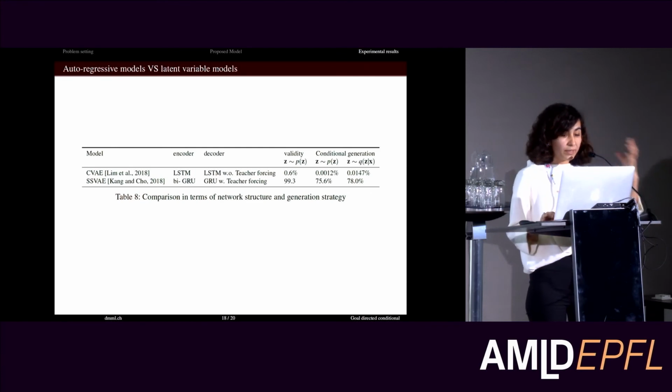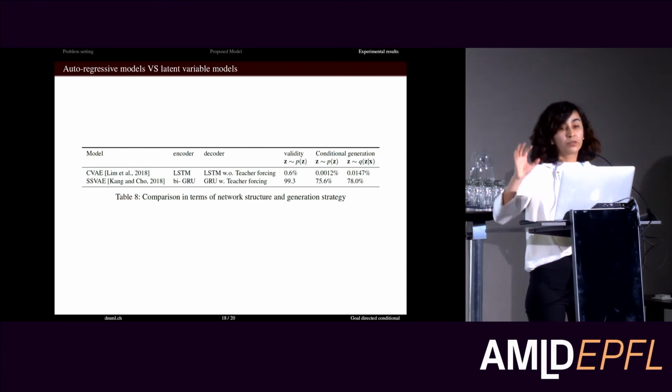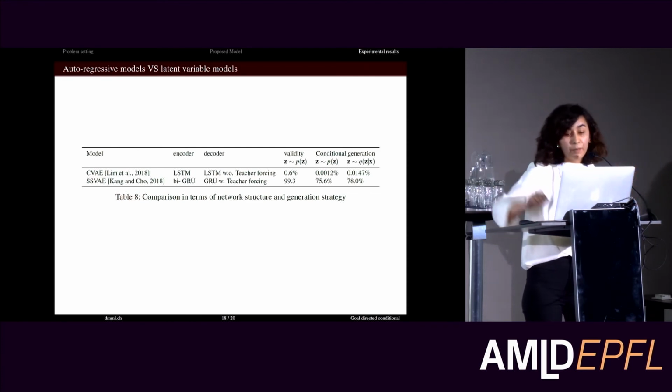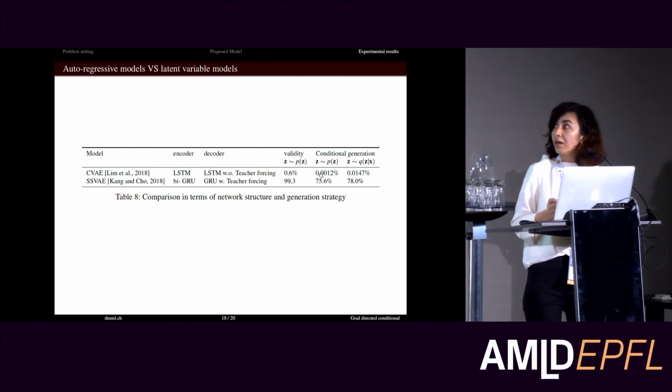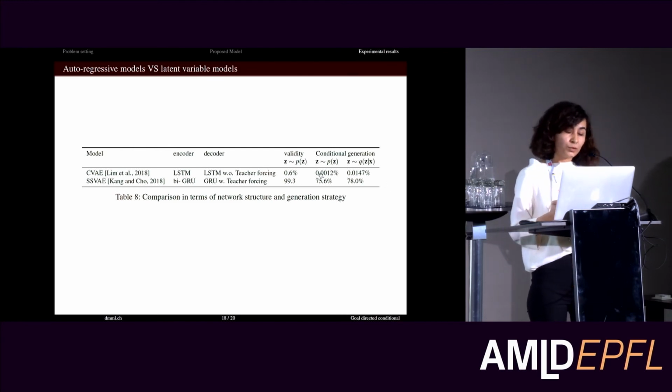It can really ignore your latent and just do p(x given y). Because they didn't report the style transfer, we cannot confirm that, but at least by looking at the model that they provide and by testing them, we didn't find that it is able to do style transfer. So it's very easy: if you don't use teacher forcing, you don't get a good performance, but if you do, you go back to our autoregressive model.